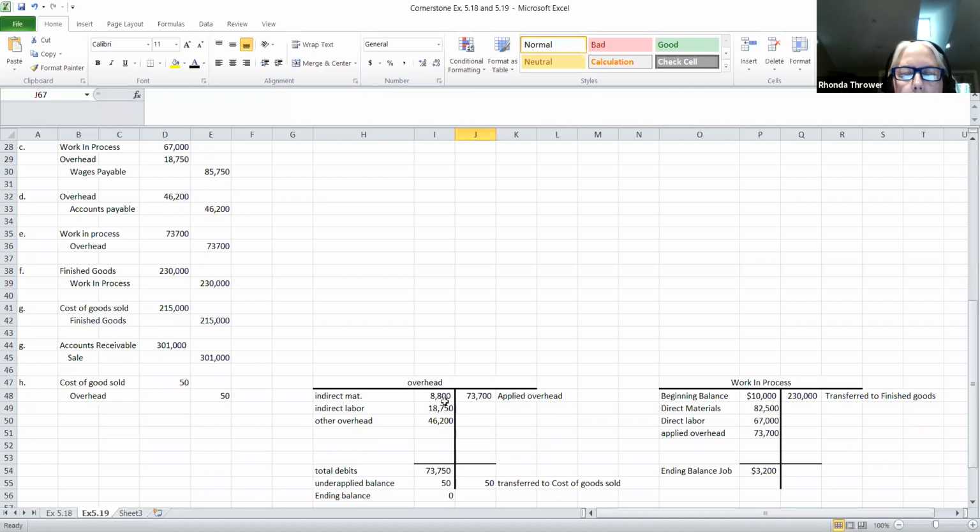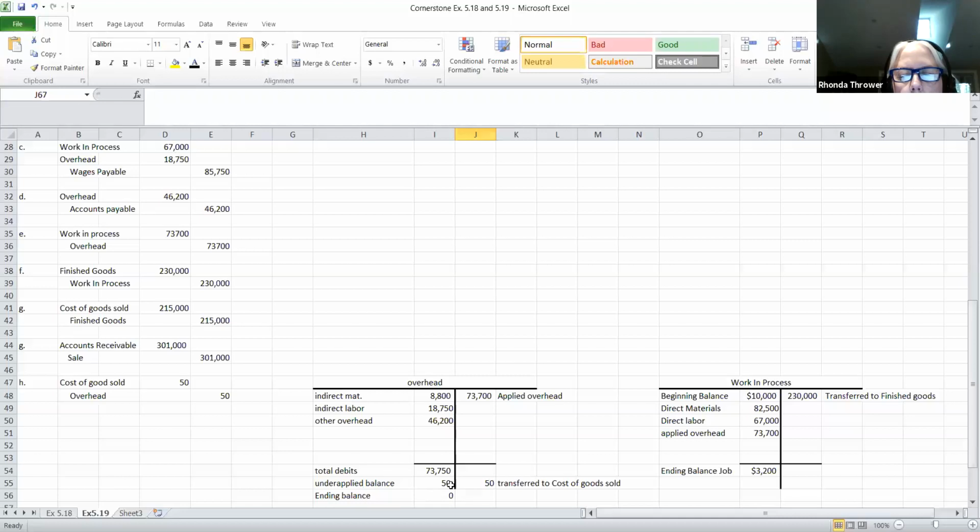Because we had more actual overhead than what we estimated, we had an underapplied balance of $50. Because the debits were larger than my credits, I had a remaining debit balance, which we call underapplied overhead.